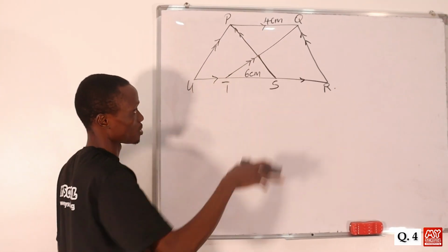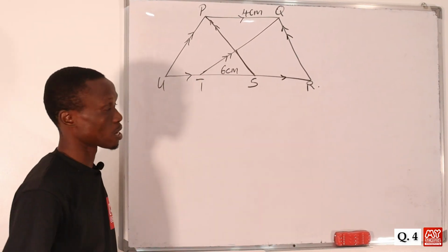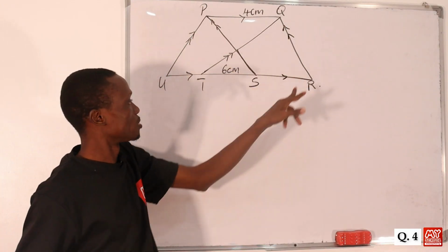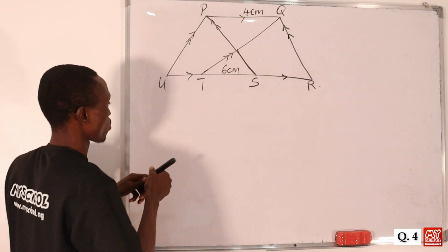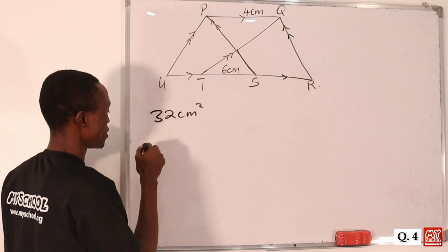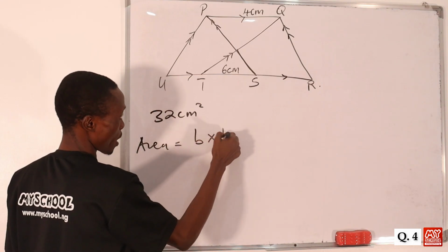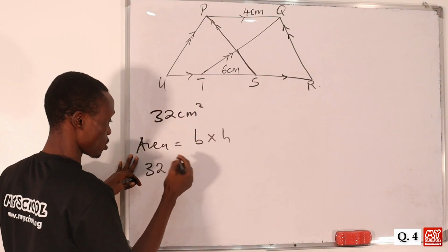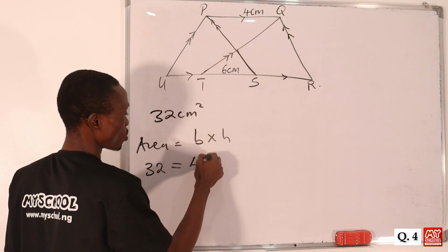So let's return to the screen to provide the answer to this question. This is the diagram that is given to us, and these are all the labelings. First of all, we are told that the area of the parallelogram PQTU is equal to 32 centimeters square. But remember that the area of a parallelogram is given as base times height. In this case we know the area to be 32 centimeters square, and we know the base to be 4 centimeters, but we don't know the height.